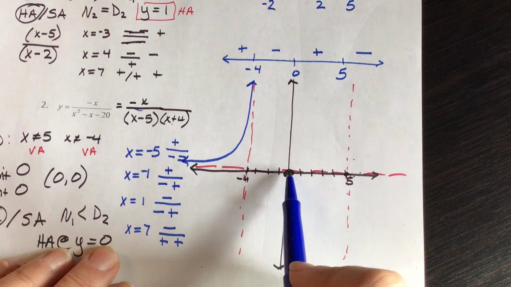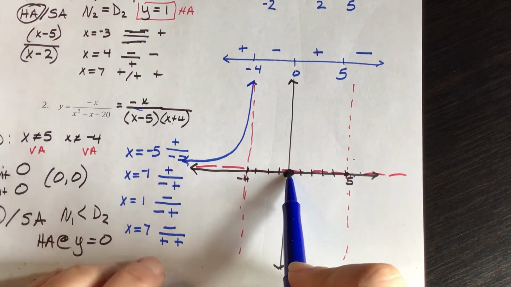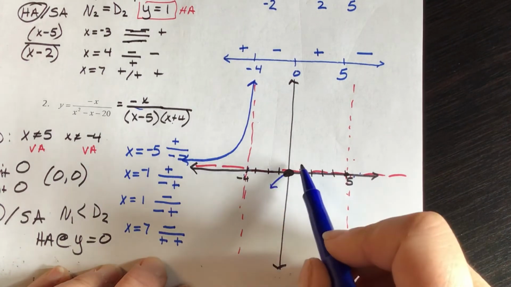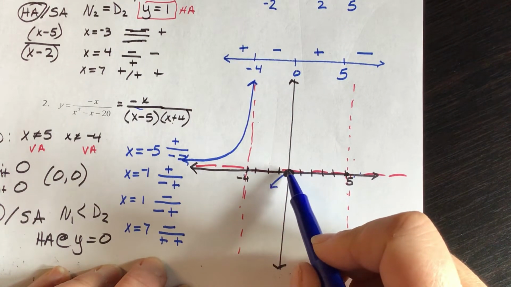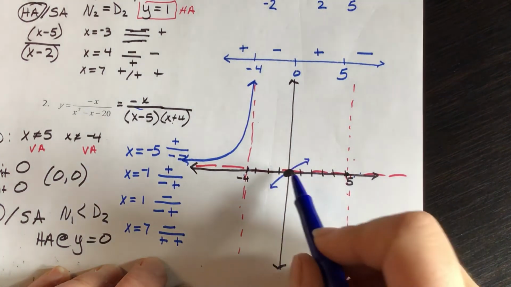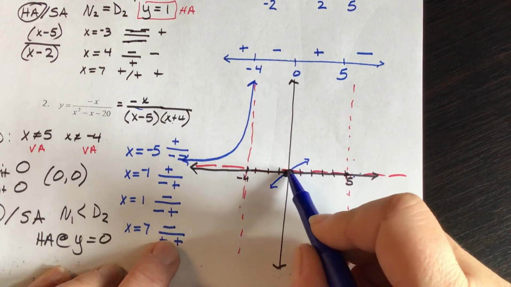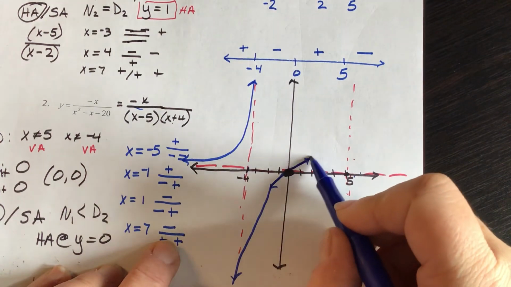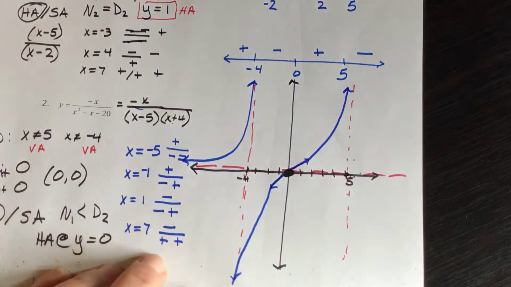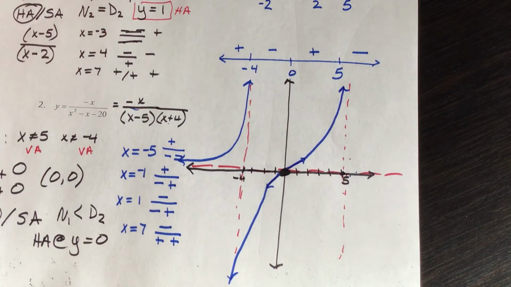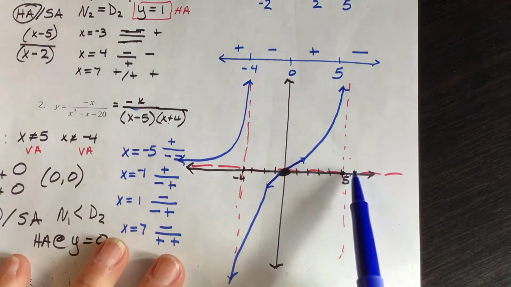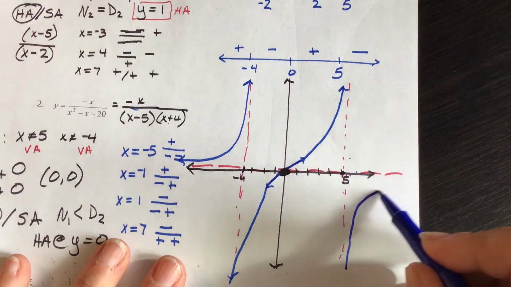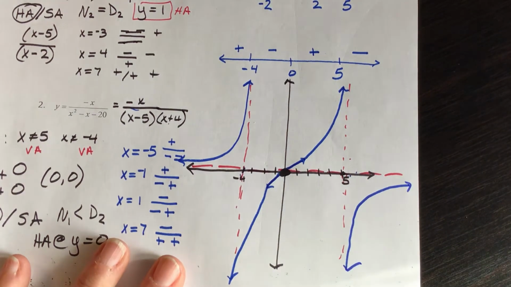Now I have this x-intercept, and it says to the left it's negative, and to the right it's positive. So this is going to come down and go this way, while this is going to come up and go this way. And this last section to the right of 5 has to be all negative, so we have a part in this section.